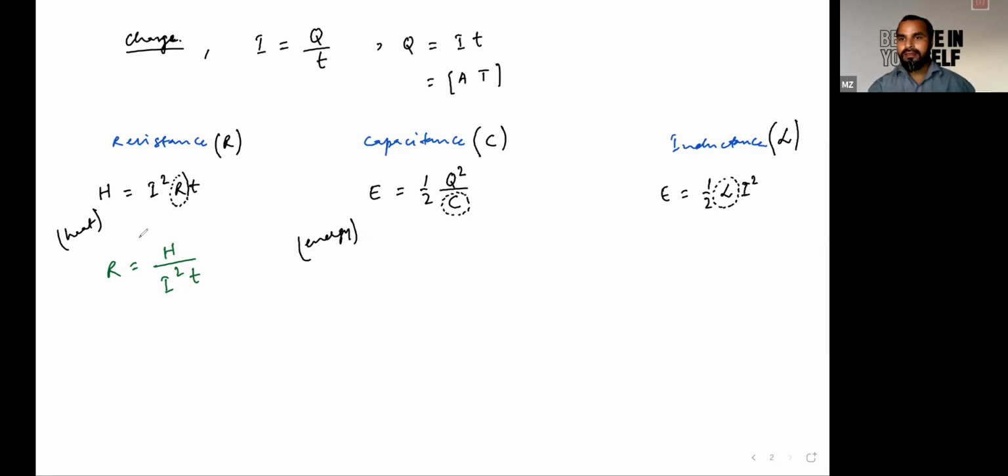The dimension formula of current in terms of ampere is capital A. Otherwise, your answer is correct. Riba, you haven't solved the first one. I've sent you the answer, sir.